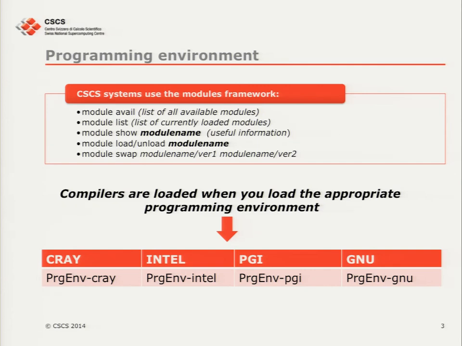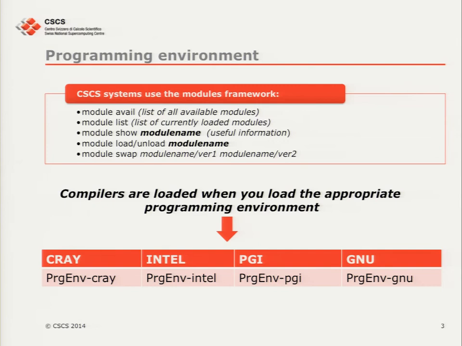That's another nice thing of doing a module avail with the module name, because we have different versions of different modules or libraries, and usually the default is not the latest, so it's usually the most stable one. But if you wanted to check something, you wanted to load a newer version of something, that's usually not the default. You can find all the versions and load specifically the module and the version number you want.